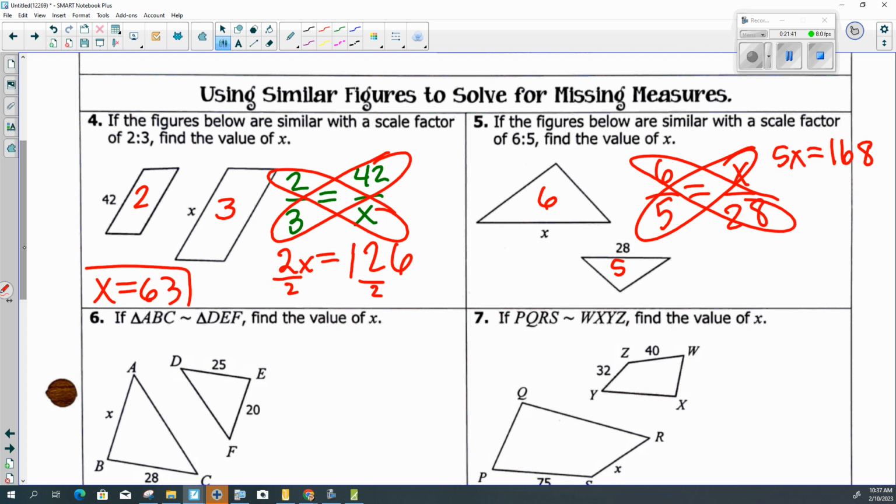Yes, good. Oh, yes, good. You got it, Carter? No, you don't have a calculator. Half of you don't have calculators today. Yes, good.